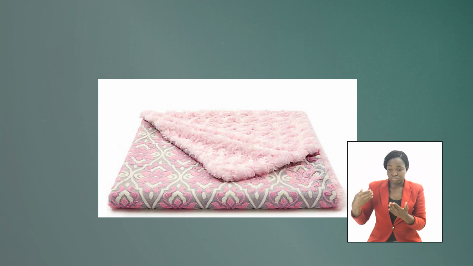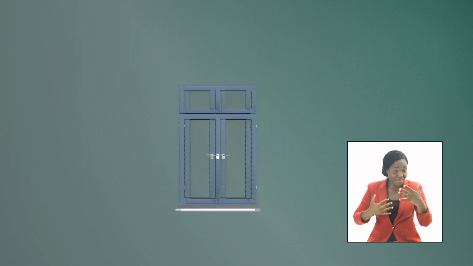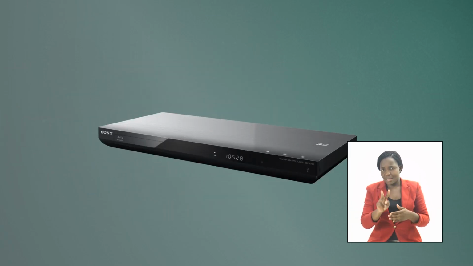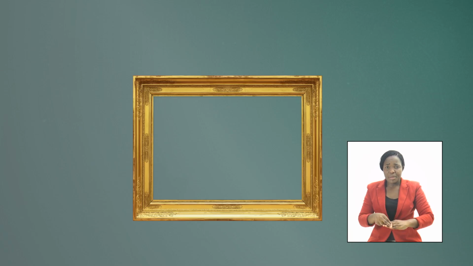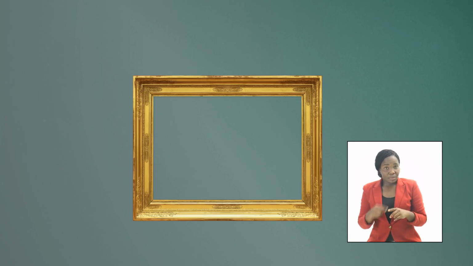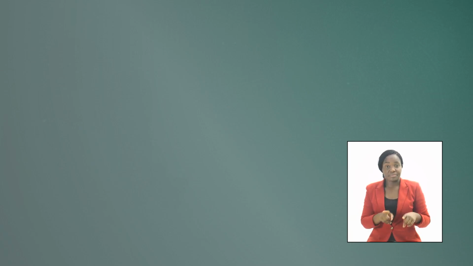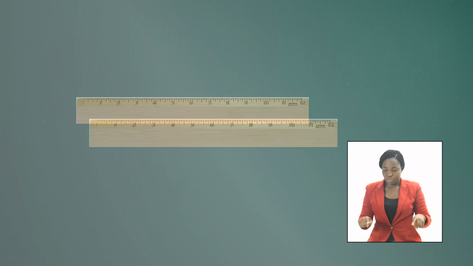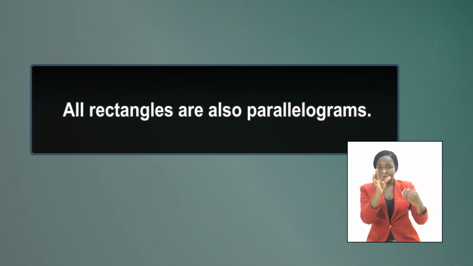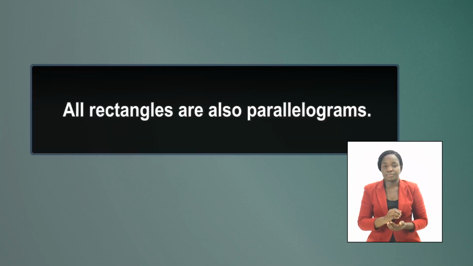The list is really endless. Window frames, swimming pools, tiles, television sets, DVD players, a ruler, tissue box, picture frame. Everywhere you look, there are parallelograms. Most of these parallelograms were actually rectangles because they have 90-degree angles. But all rectangles are also parallelograms.